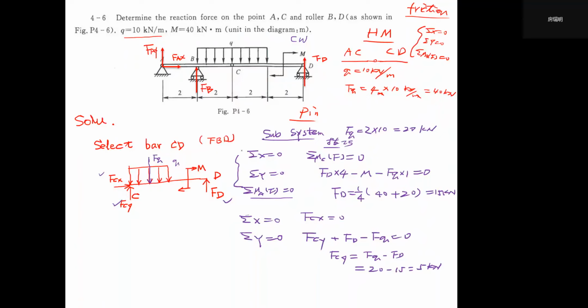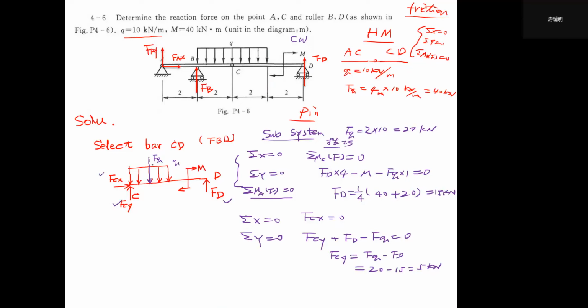So you guys can see that we have finished the reactions at point C and point D. So how do we figure out FAY, FAX, and FB? We have two choices.